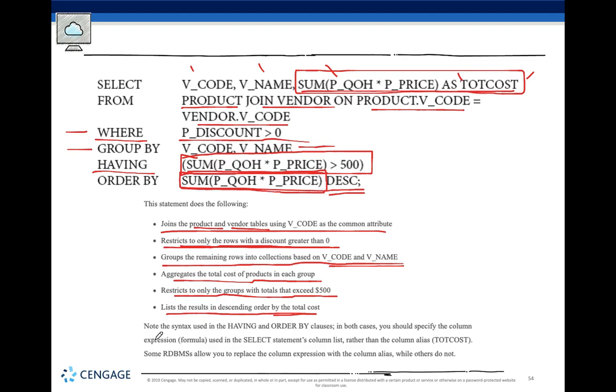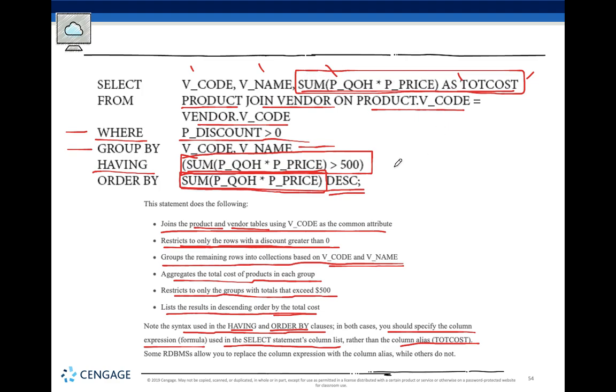So the thing to note here is that the syntax used in the having and the order by clauses, you should specify the column expression used in the select statement's column list rather than the column alias. In other words, we cannot say here having total cost greater than 500 and order by total cost descending. No, you have to fill in the full expression.